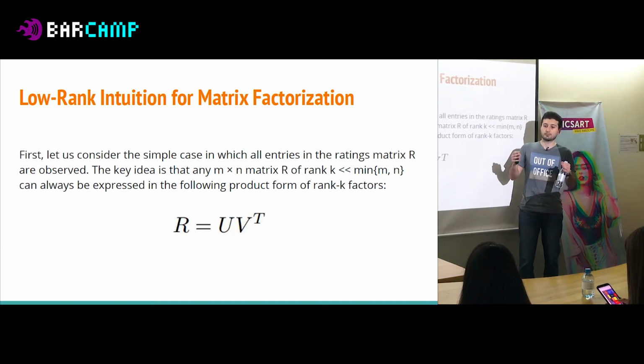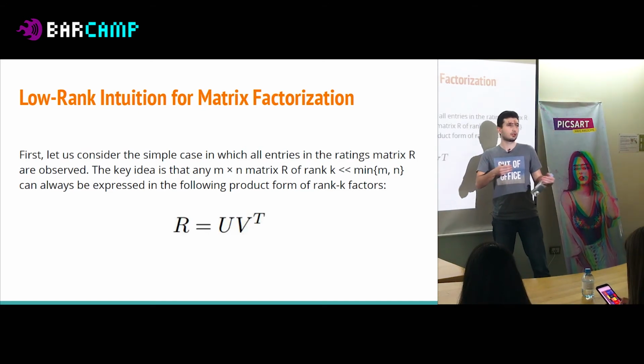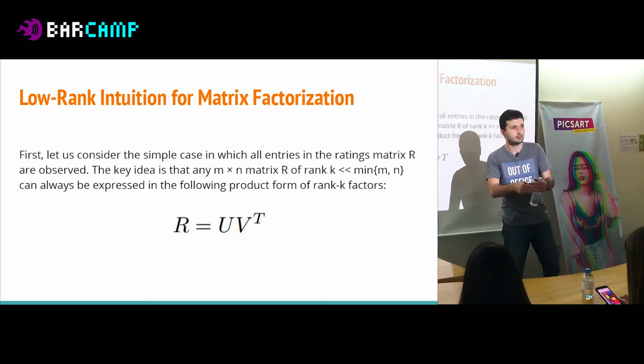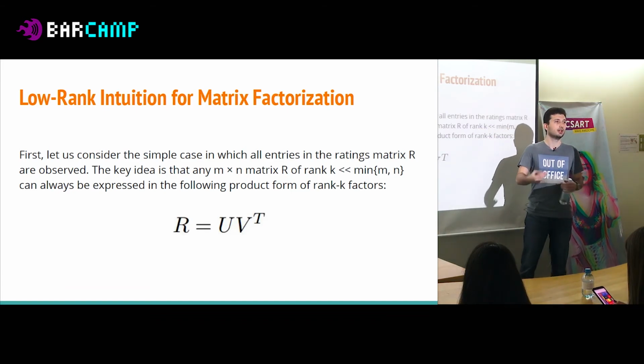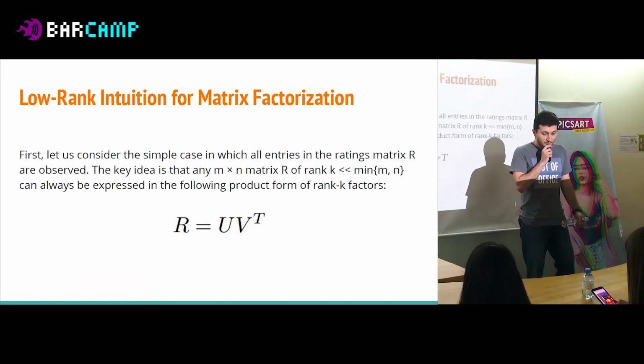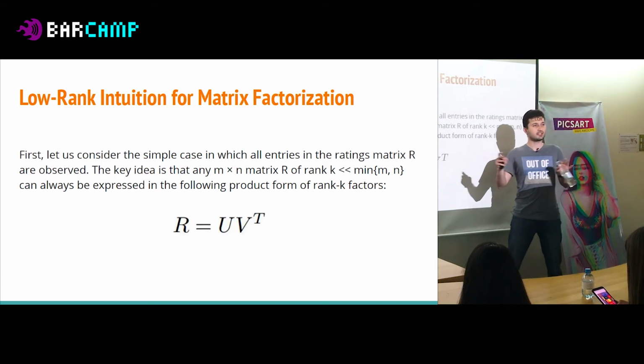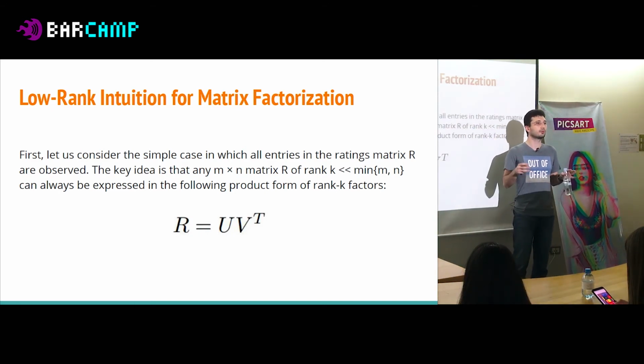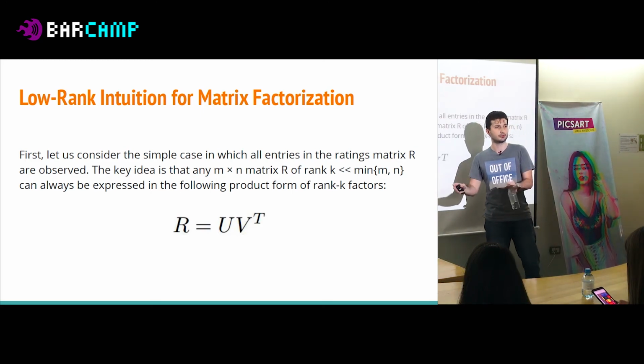Basically, some rows and some columns of these matrices could be expressed by other rows and columns. There is some correlation. This means, with some assumptions, that the rank of these matrices should not be too big.